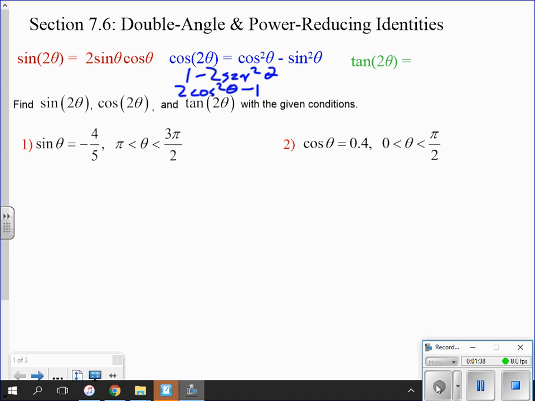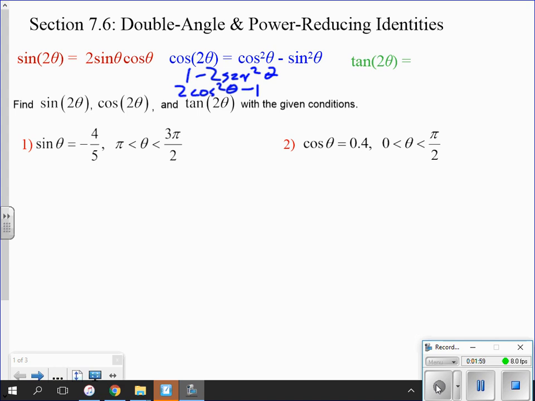So cosine squared minus sine squared is the base one. The other two are derived from that. So you could use any one of those you want, and you will get the same answer. And then tangent of 2 theta.